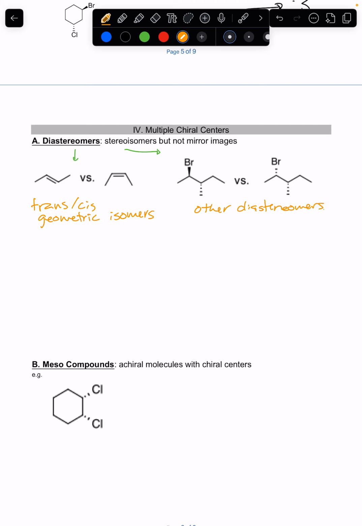Okay, how do we know that something is a diastereomer? One way to define them is they're stereoisomers of each other, but they're not mirror images of each other.